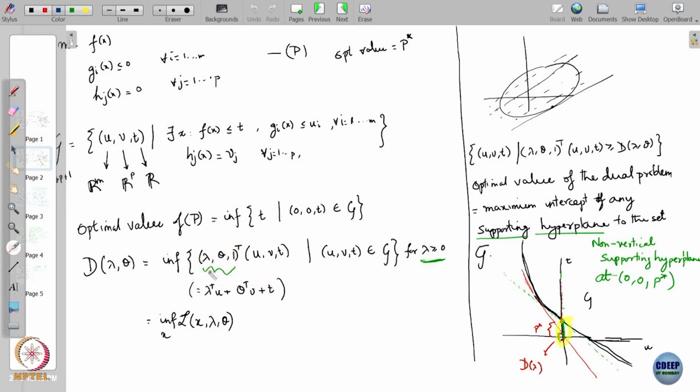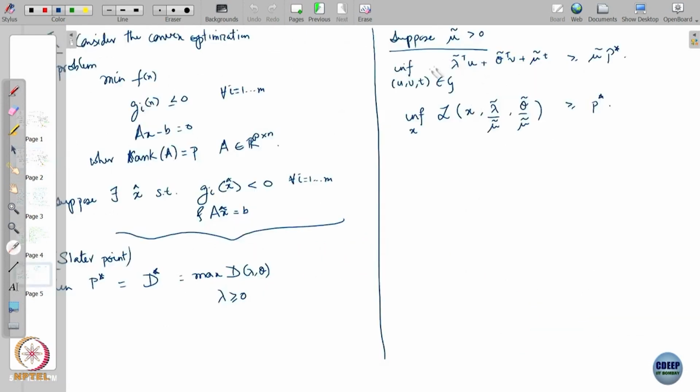The dual function is actually equal to the minimum of this linear function over this entire set G. And if you see, that is exactly what this was. This was the minimum of this linear function over the set G. Lambda tilde was greater than or equal to 0. We didn't have a coefficient 1 here, but that coefficient can be made 1 by just dividing throughout by mu tilde, and that you can do because we assume mu tilde is greater than 0.